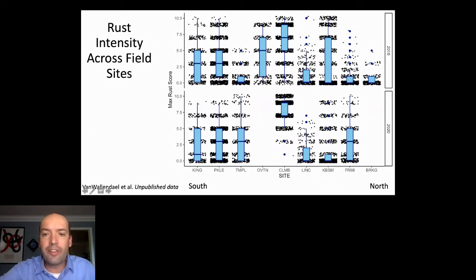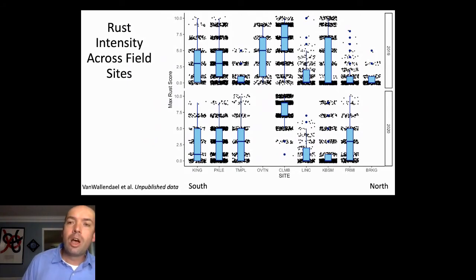We see a lot of infection in Columbia, Missouri. And one big caveat of this is that this was all scored by different field technicians. So it could be that some of the field technicians score things a little bit more infected than other technicians. But when we do have variation for this, that allows us to conduct genome-wide association studies within field sites to identify loci that control susceptibility versus resistance in those areas.